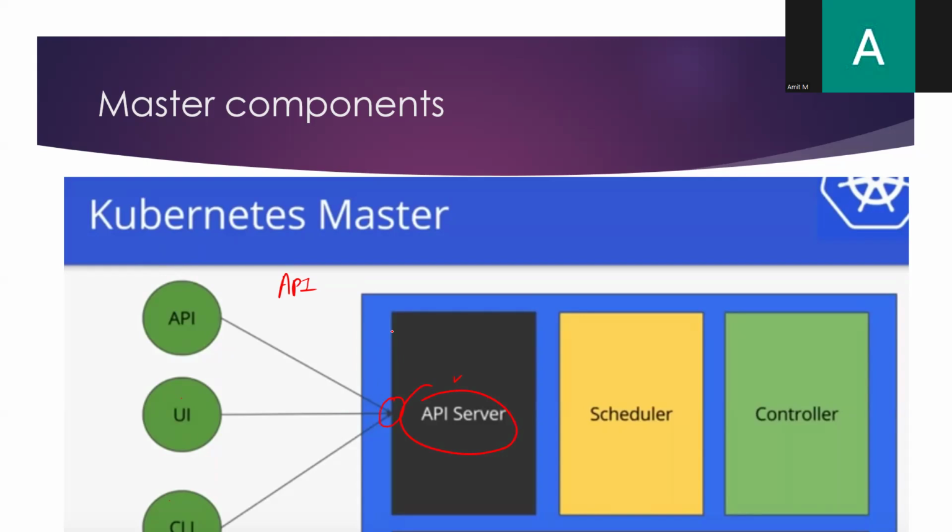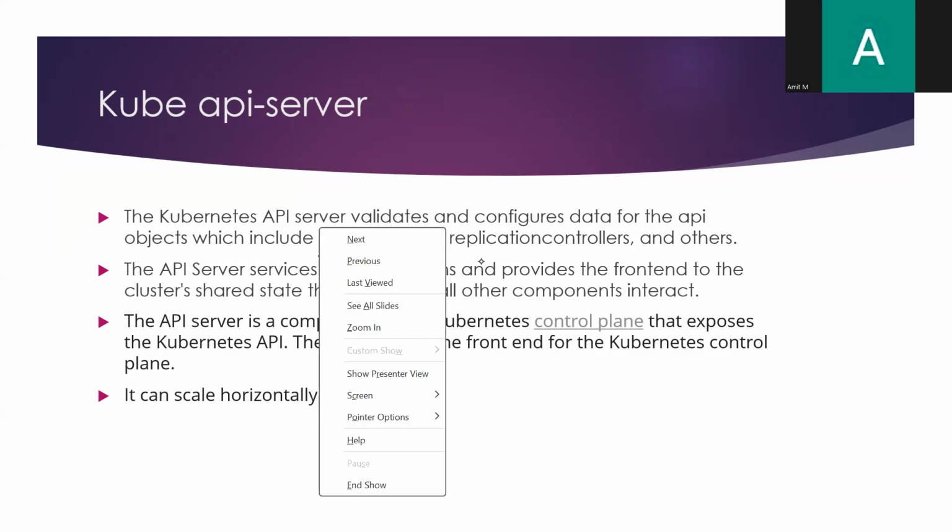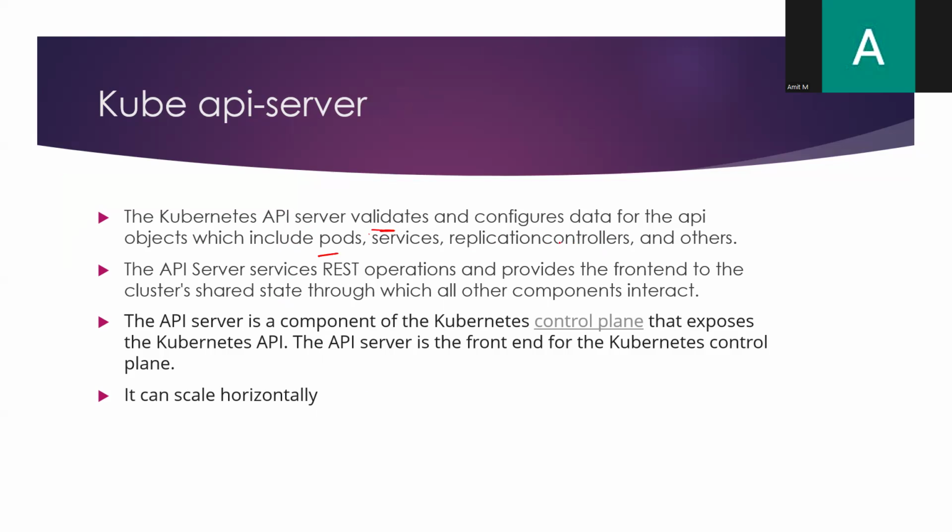So what is the API server? The API server is the front end for the end user or system admin, whether they are requesting through the API, command line, or web interface. The Kubernetes API server validates and configures the data for API objects, which include pods, services, replication controllers, and other resources.